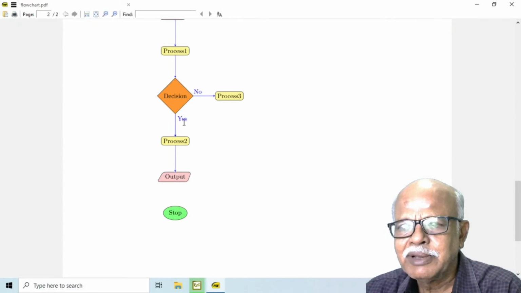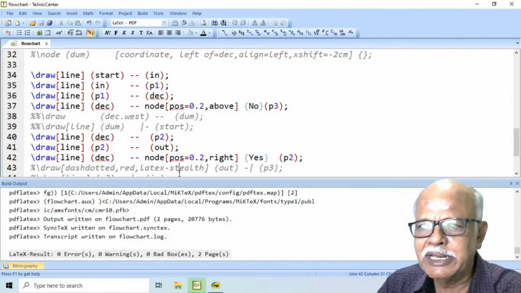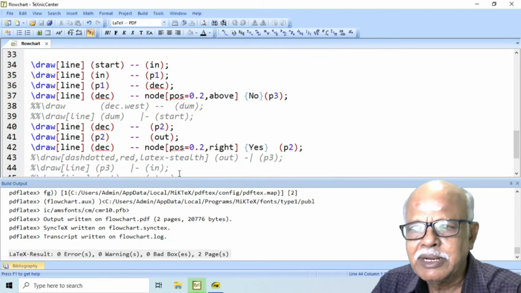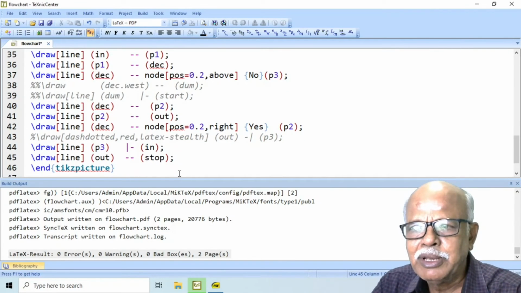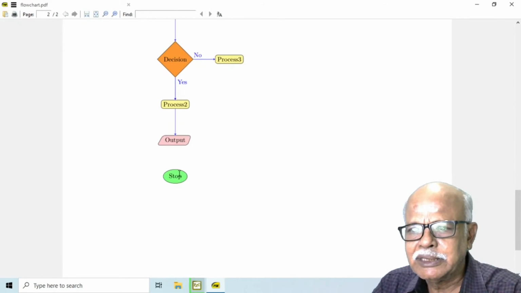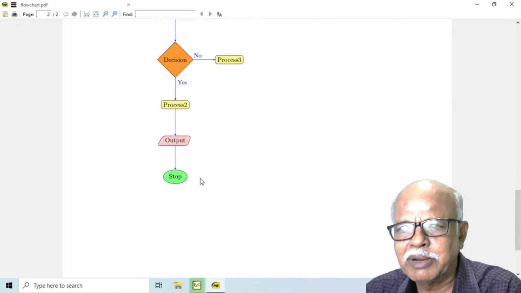Here we have yes appearing, here we have no appearing, and the last line is, let us say, from P3 to output to the stop block.